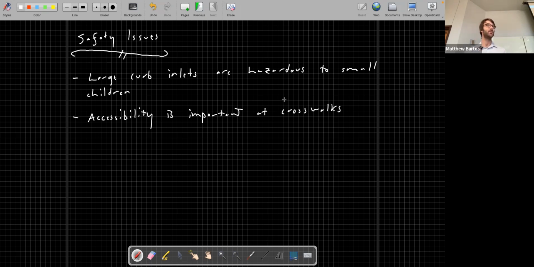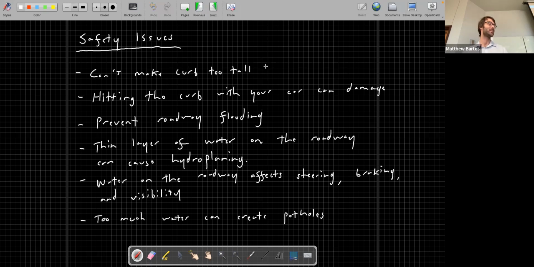Are there any other safety issues you can think of with respect to the design of the curbs and gutters that we're going to need to think about in our design? Yes. Okay, so I'll put that back here. Can't make the curb too tall, and we also can't make it too small.